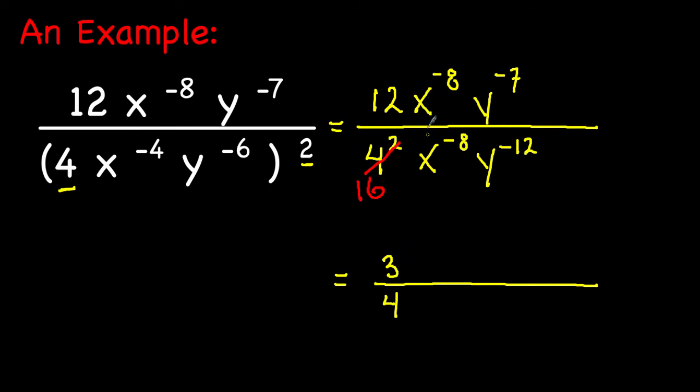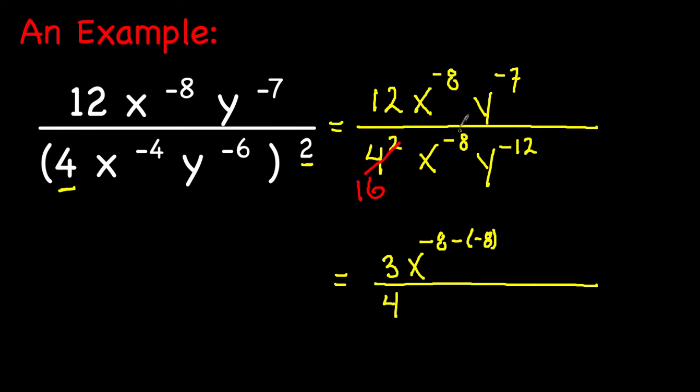What do we do with these common bases x? Same thing we've always done. We have a common base. We're dividing. So we subtract the exponents. X is in the numerator because I'm using my property of dividing with the same base. So I subtract the exponents. So I'll have negative 8 minus negative 8.